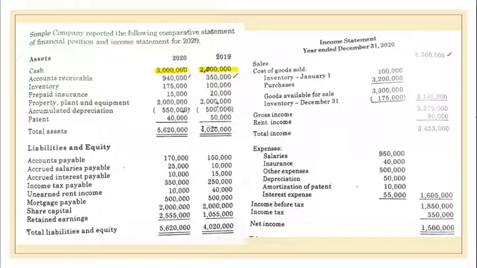So meaning kani imong sales nga 650, dili ka nana tanan is cash na siya. Naaay 590 na allocated to your accounts receivable or on credit siya. So meaning the cash component of your sales is only your 650 minus the difference of your receivable, di ba?